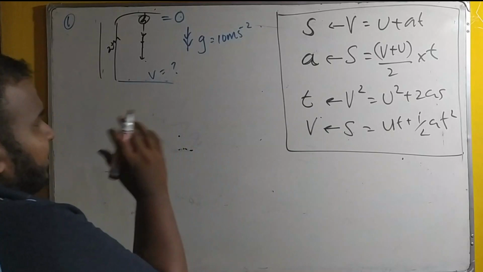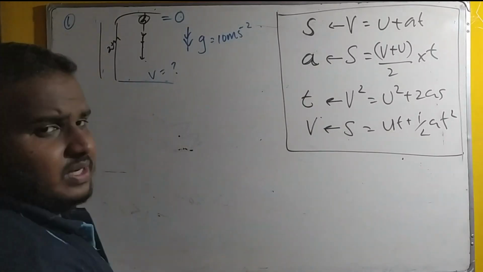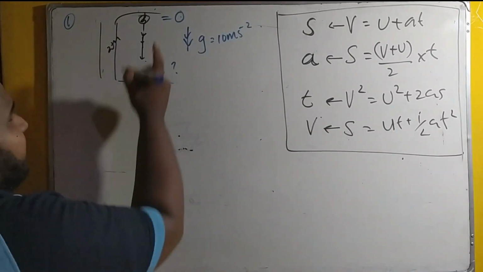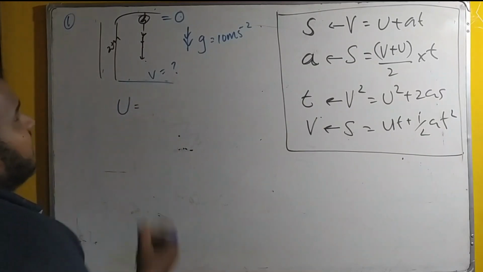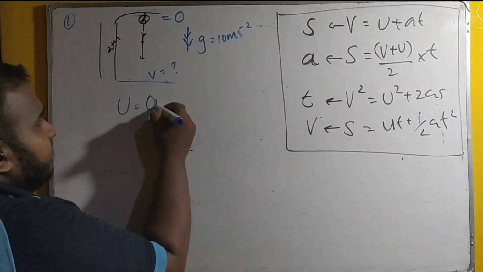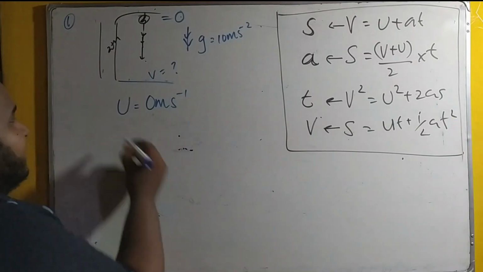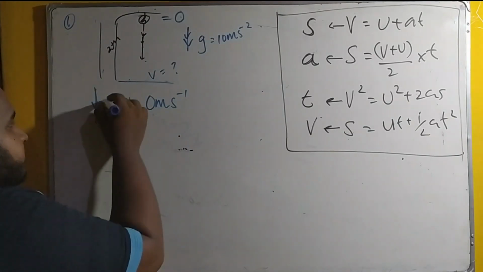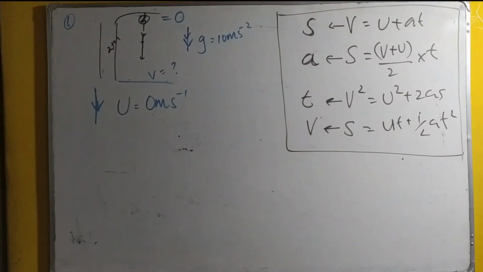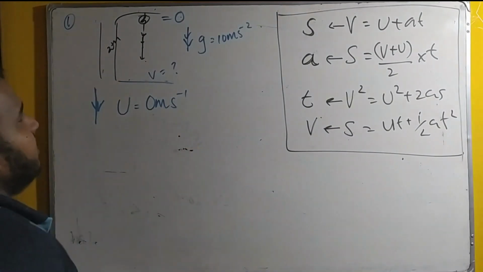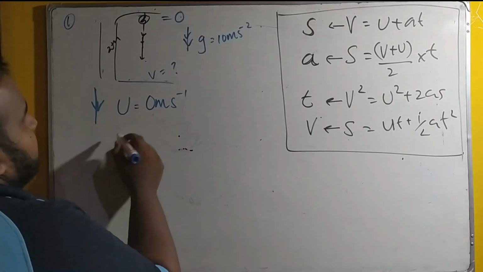So first, identify the data they have given. They have given you the initial velocity. What is the initial velocity? It is 0 m/s. Let's consider our direction as down.